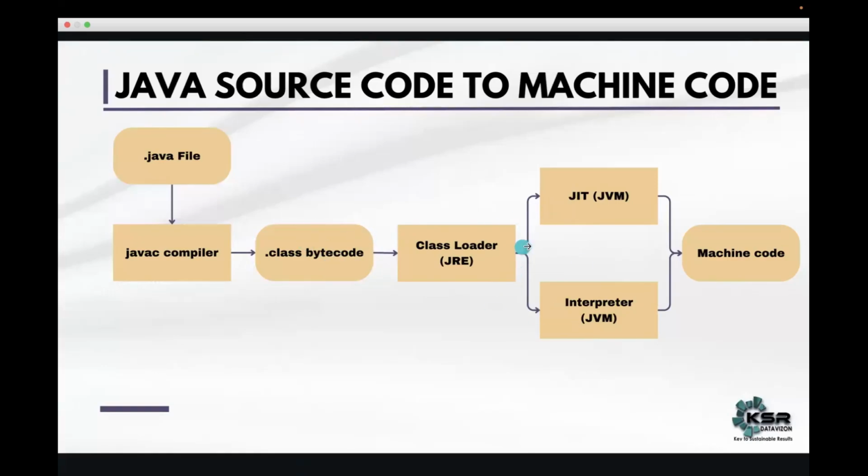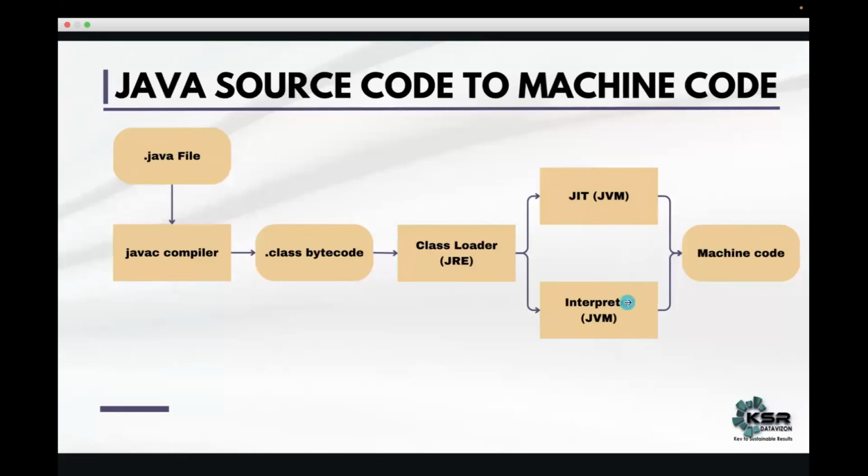It will verify that no one has modified the bytecode, whether via a hash or however it works, and that the bytecode is correct. It checks that you are not accessing things you don't have access to. Then there will be a class loader, a just-in-time compiler, an interpreter, and then machine code. It will call some libraries in the machine that will execute your code.